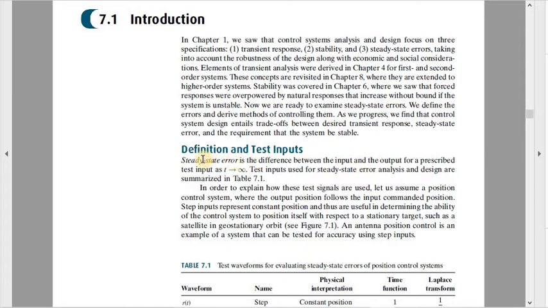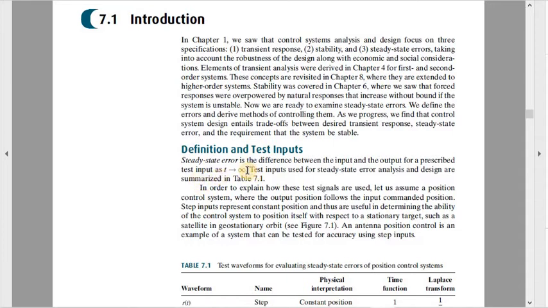First of all, let's start. What is steady state error? As a definition, steady state error means that we are talking about after the transient response, where things are settled down in the system. So steady state error is the difference between the input and the output for a prescribed test input as t tends to infinity.